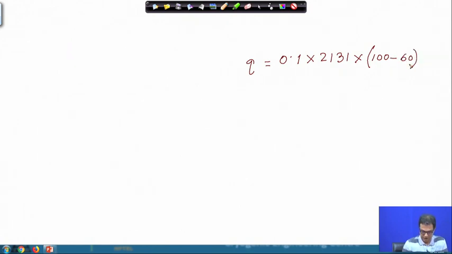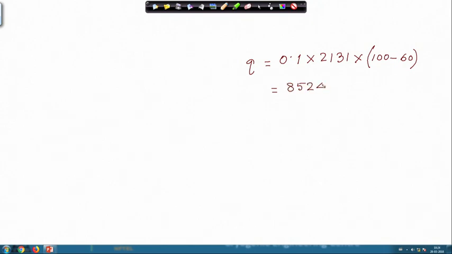So, this is the amount of heat getting transferred through the hot fluid. So, it is 8524 watt.